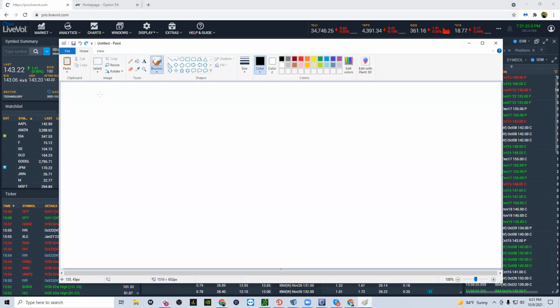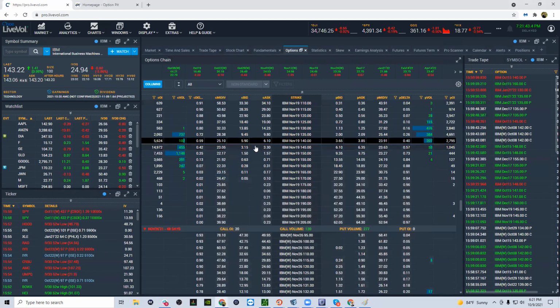The first piece is the change in move times the delta. The delta of that option in this case is 0.42, so $2.10. So the call option would be worth $5.35. However, that's not it.